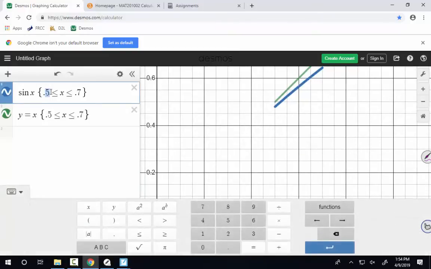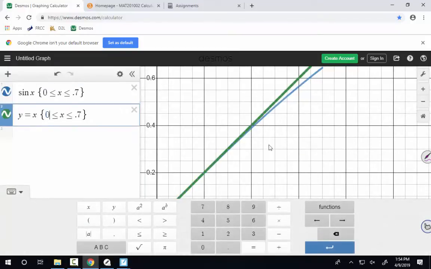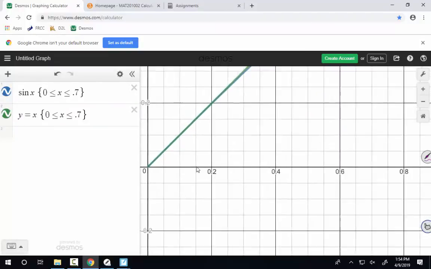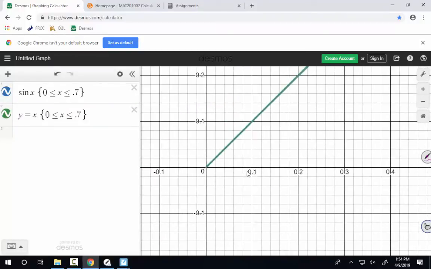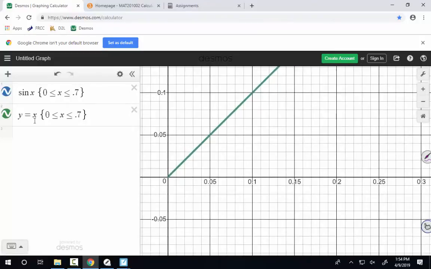So we'll find 0.01. We're approximating the sine of 0.01, so let's turn the line off here. All right, so we're using the line, not the sine function, to approximate that.